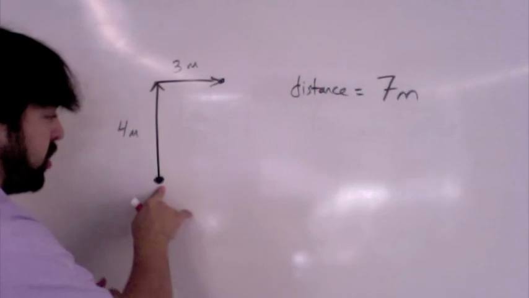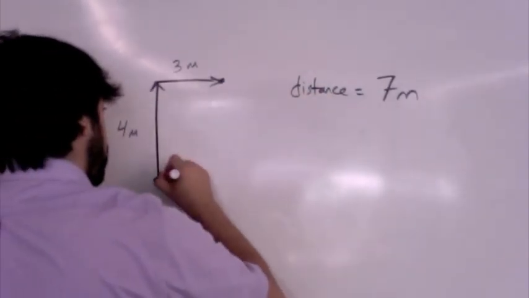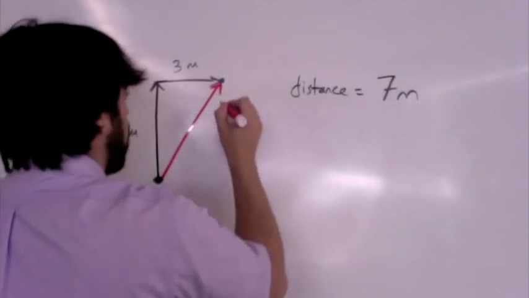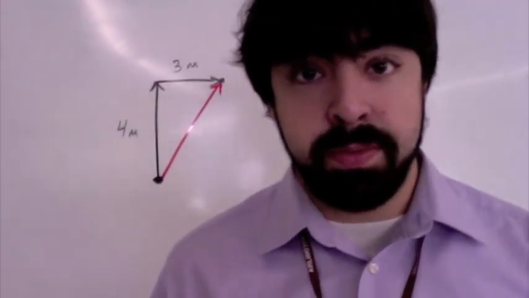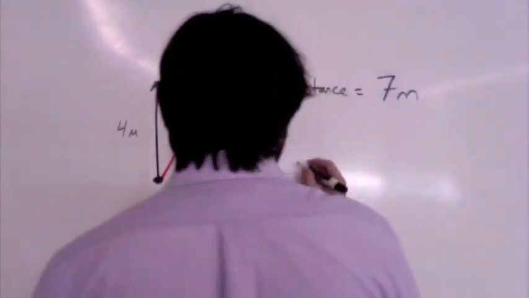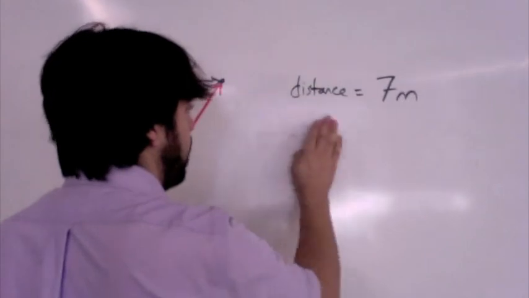So here you were, here's your origin, here's your new position. That red arrow represents your displacement. Let's write it in red.